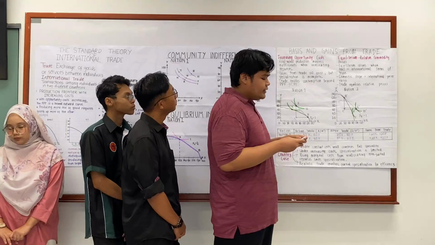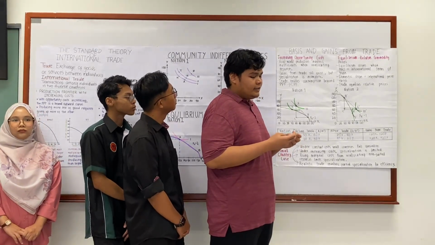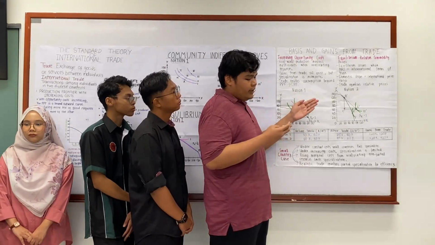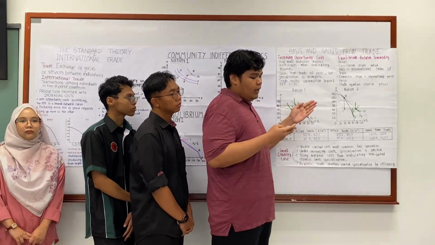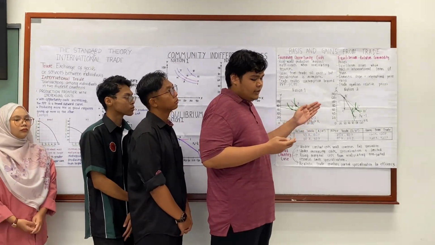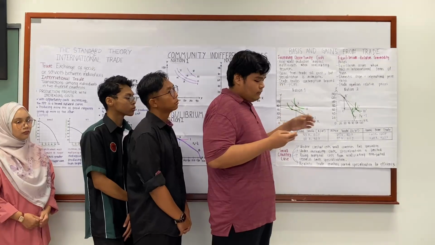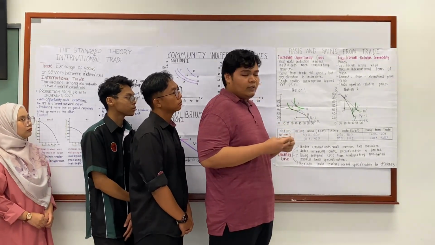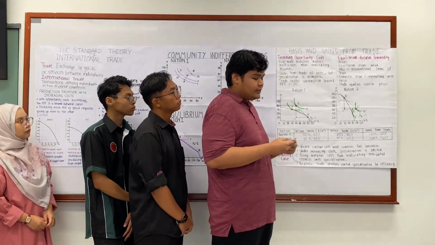But when countries open up to trade, prices adjust internationally based on comparative advantage. At equilibrium, the marginal rate of transformation, or the slope of the PPF, equals the international terms of trade. At this point, both countries trade efficiently, and we see equalization of relative commodity prices across borders.